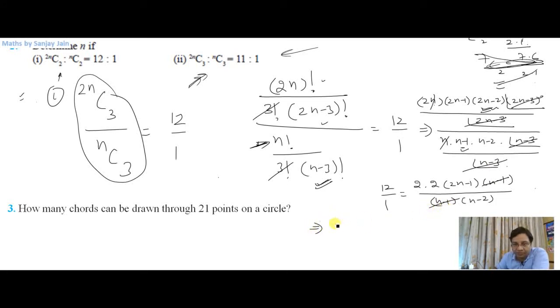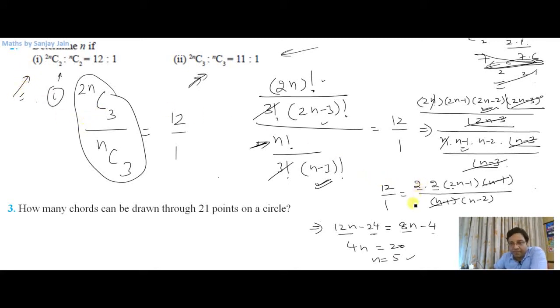So this will give me 12n minus 24 on the left hand side, and on the right hand side this is 2 into 2, 4 into 2, 8n minus 4. So 12n minus 8n is 4n, 24 minus 4 is 20. So n is equal to 5, right? n is equal to 5. This is what I had to find in this question.